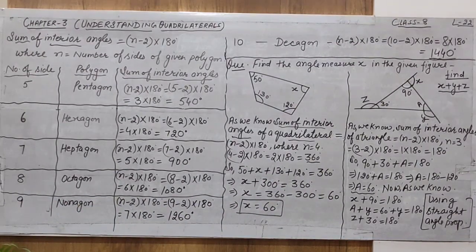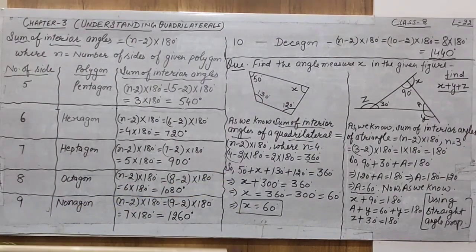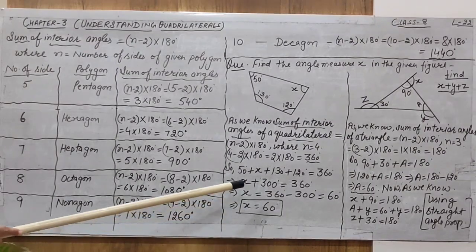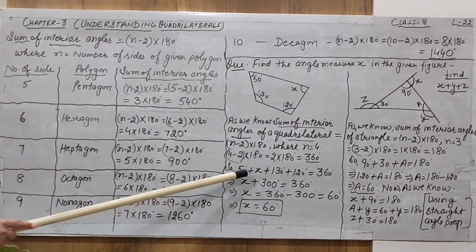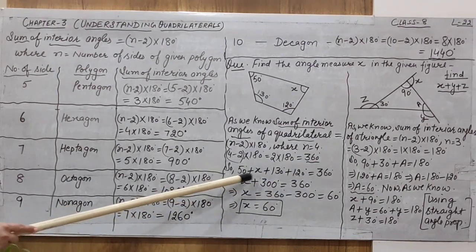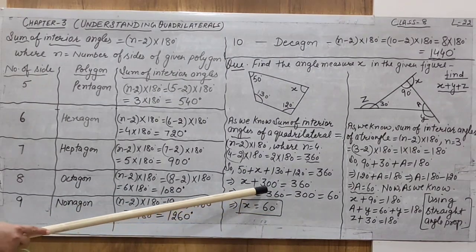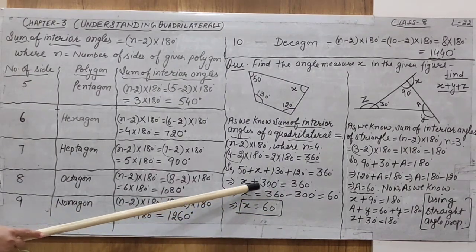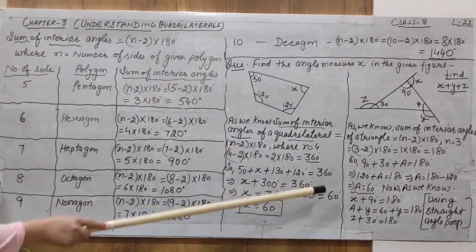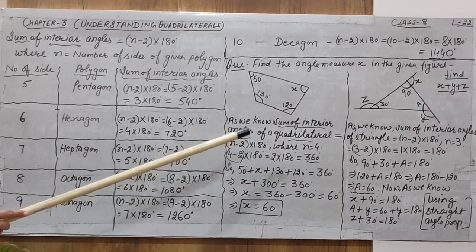Now, using the method to solve an equation, you know very well how we can solve a simple equation. First of all, add these three angles, 50 degrees plus 130 degrees plus 120 degrees, we get 300 degrees plus x, is equal to 360 degrees, which we found with the help of the formula.